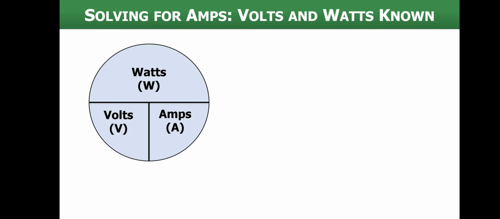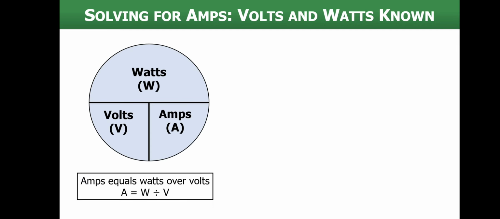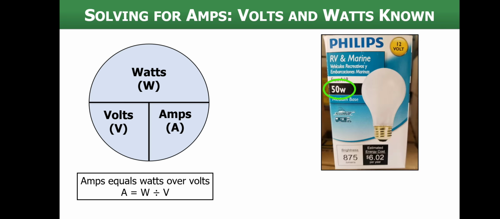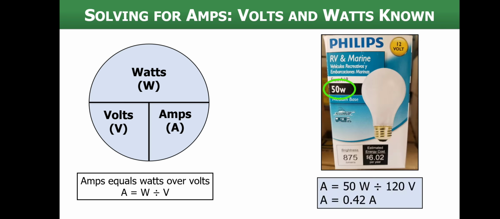If we know what our volts are and our watts are, we can figure out what the amps are. So take this light bulb again. This is a 50-watt light bulb. We can see on the package, obviously it says 12 volts, but most light bulbs are 120 volts. So let's just pretend this is a 120 volt light bulb, a standard light bulb that would go into a fixture in our homes in the United States, not this special RV marine light bulb that's operating at 12 volts.